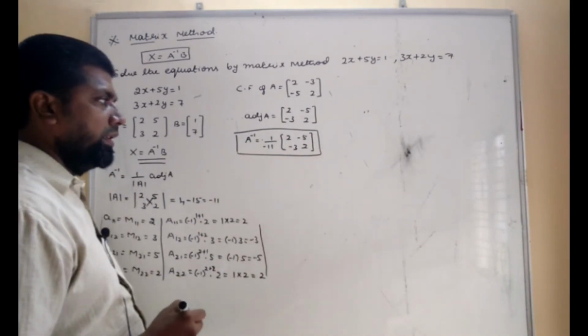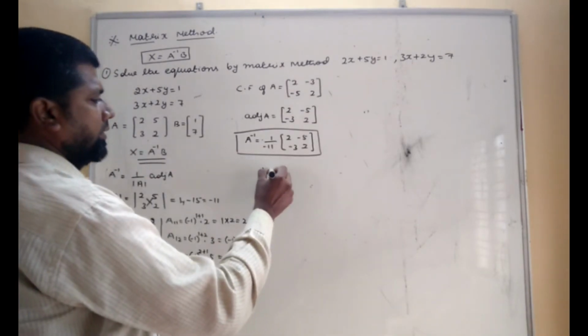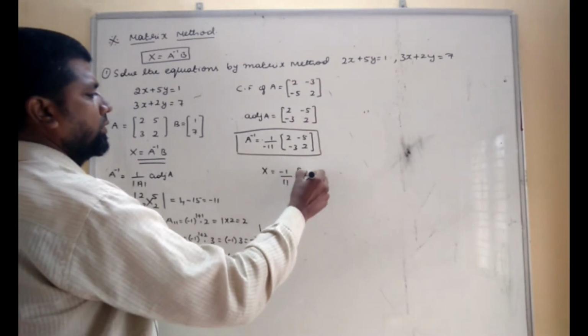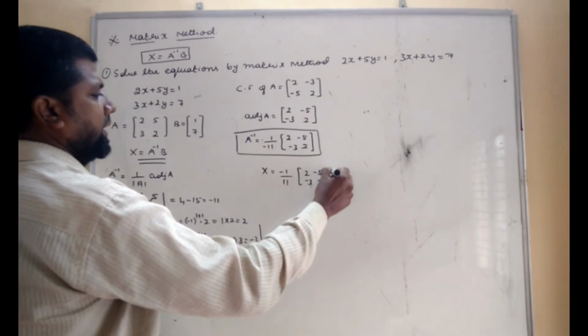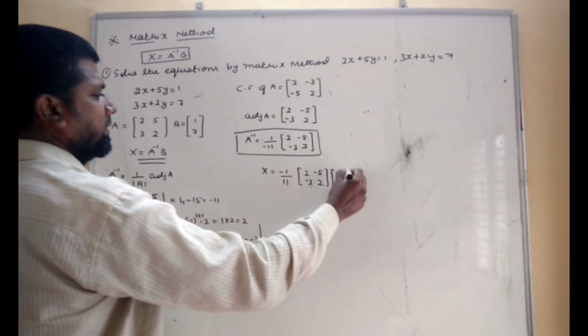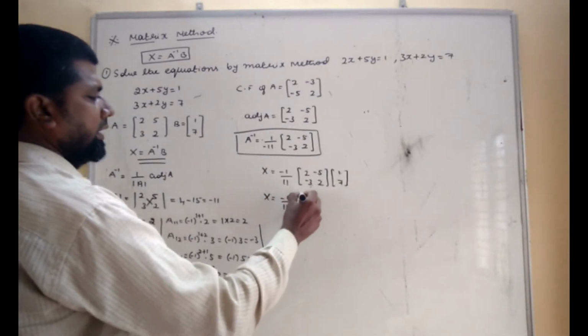Now we have to find X is equal to A inverse into B. So X is equal to minus 1 by 11 into 2, minus 5, minus 3, 2, then into B. What is the value of B? B is 1, 7. Then X is equal to minus 1 by 11.